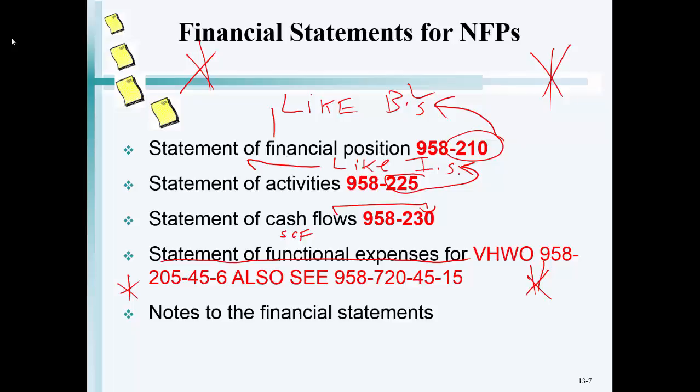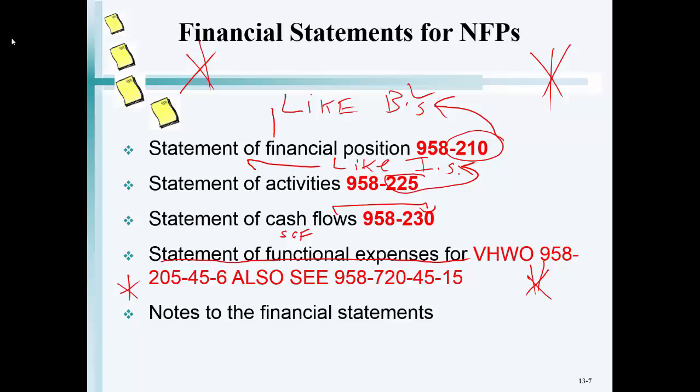Now, in the codification, we know we need to be in Area 958, and since in the overall, for all entities that fall under FASB's jurisdiction, information about the balance sheet is in Section 210, so if you want to know about what? The statement of financial position for a not-for-profit, you're going to go to 958, so you're in the not-for-profit area, and then 210 for the balance sheet, right?